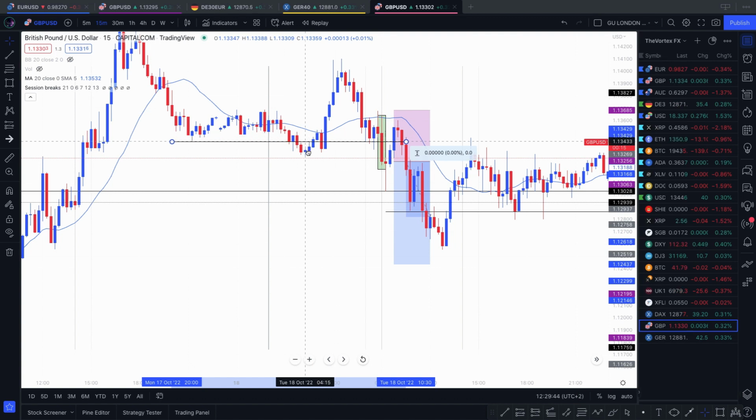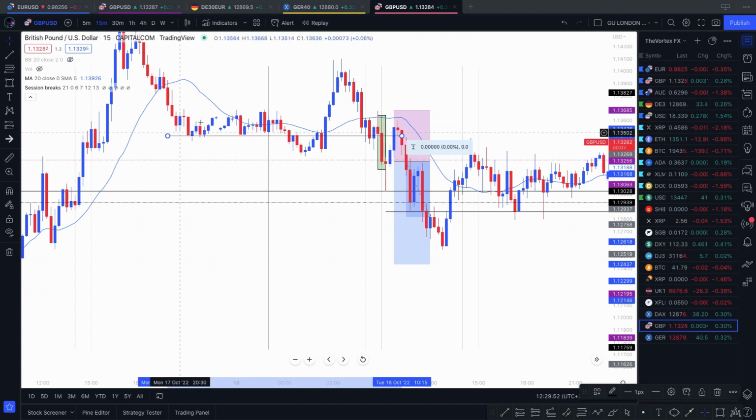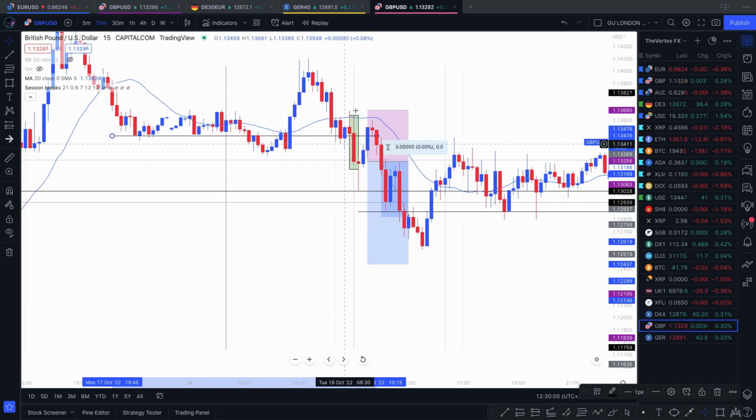If I push the support line down below, I only get a couple of taps. But if I push it up higher, we have more taps. One tap around the zone right here, another tap, another tap. Yes, we broke through it, but still in the Asian range, so it's fine. It came back up, came back down again, retested it, and bounced off of it. So this is clearly a line of support.